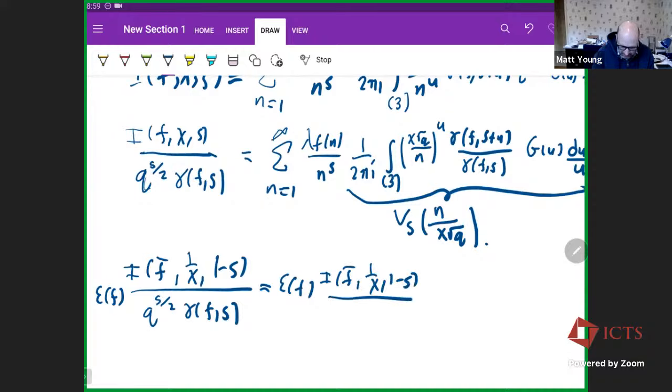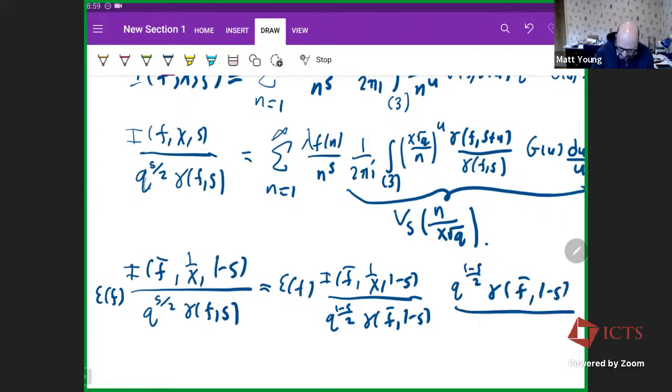So I want to multiply and divide by the same thing. I want to divide by q to the 1 minus s over 2 gamma f bar of 1 minus s. And then I have to multiply and divide by the same thing. So now I multiply by q to the 1 minus s over 2 gamma f bar of 1 minus s, and then I divide by the thing I already had, that's the q to the s over 2 gamma of f of s.